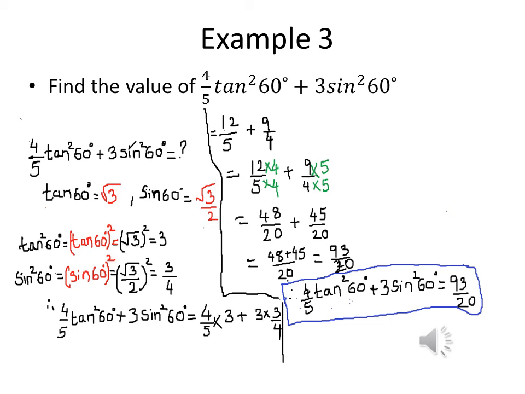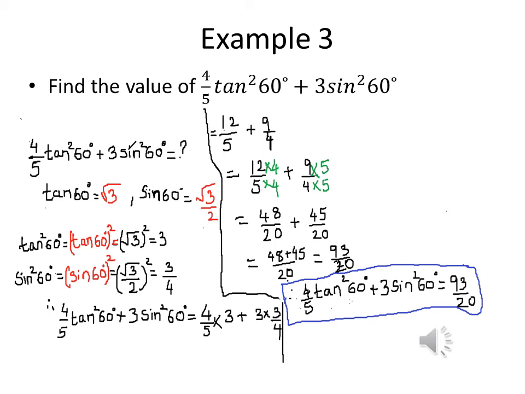Now in the example they have asked us tan square 60. Tan square 60 means tan 60 the whole square. Therefore root 3 the whole square is 3. So sine square 60 equal to sine 60 the whole square, which is root 3 upon 2 the whole square.